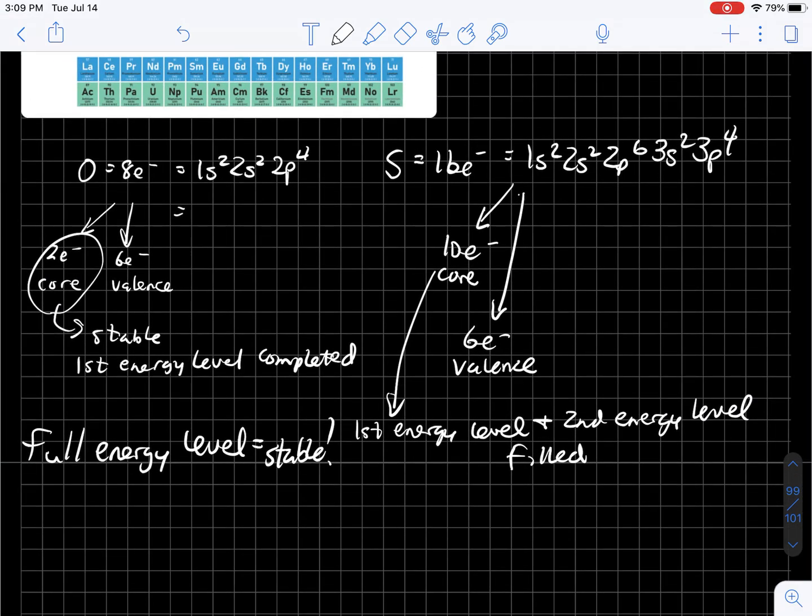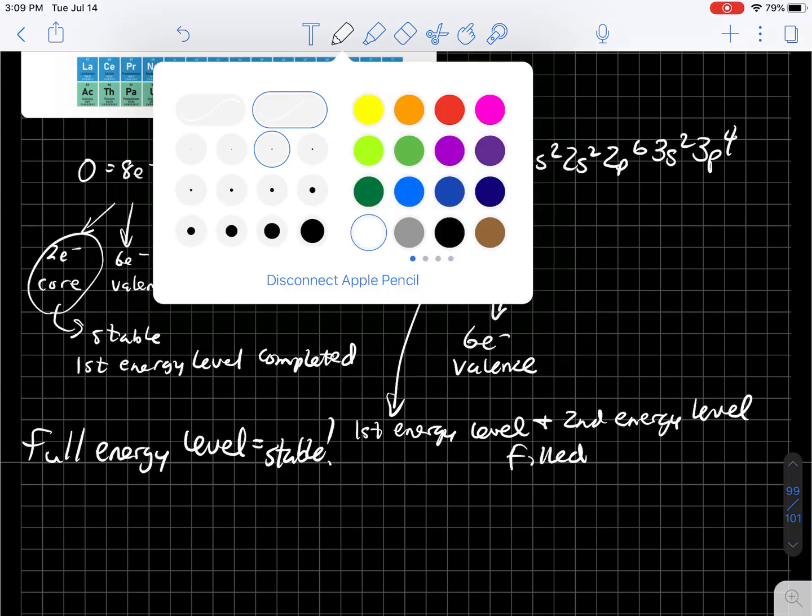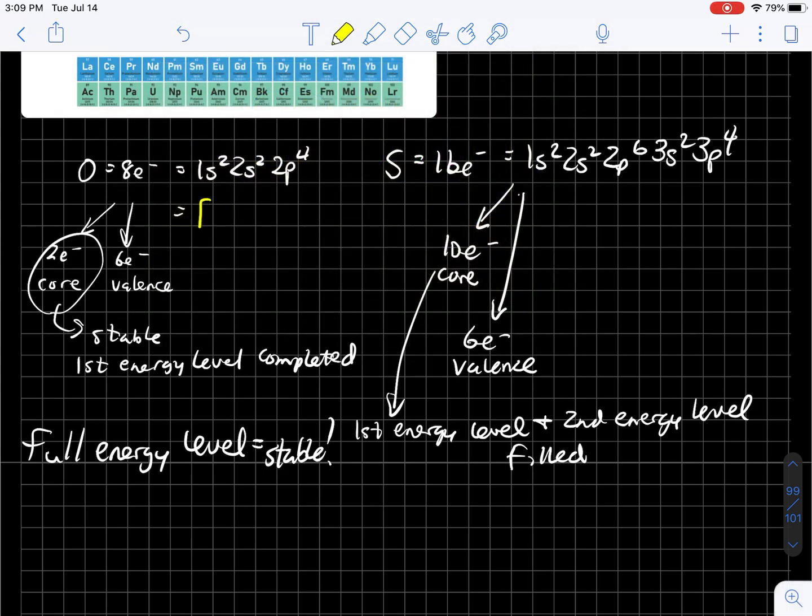Okay, so if we go back and write the element that has 2 electrons, we would say that oxygen has a helium core, and then 2s2, 2p4, 6 valence electrons outside of it. So here's my core, and then the 2s2, 2p4, that's my valence shell.